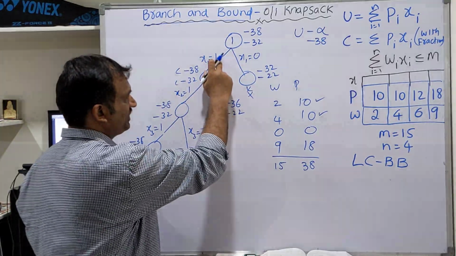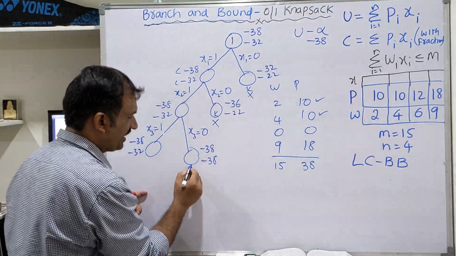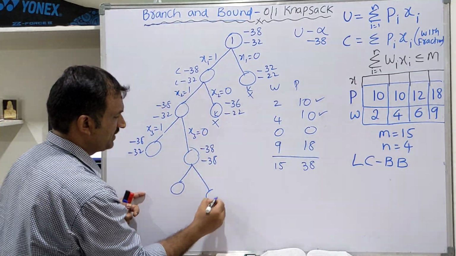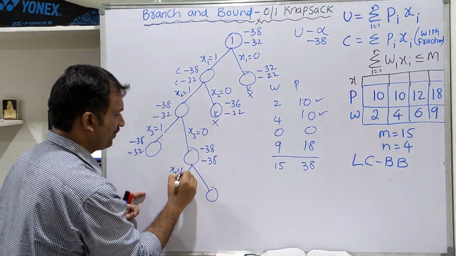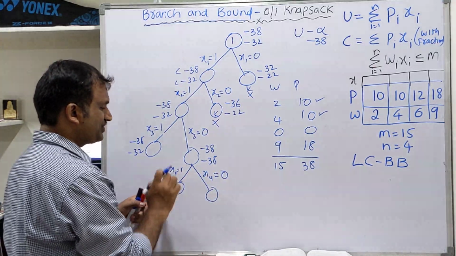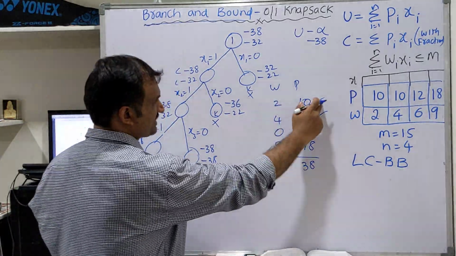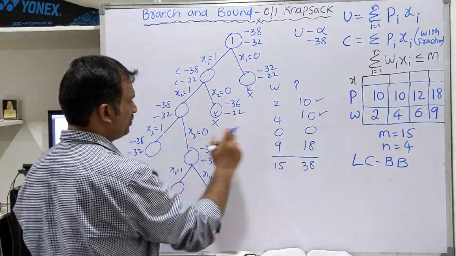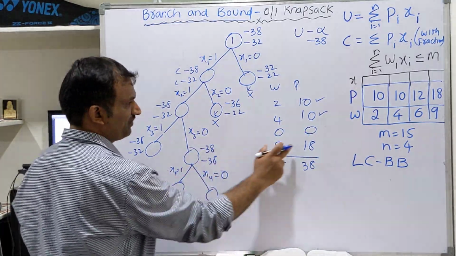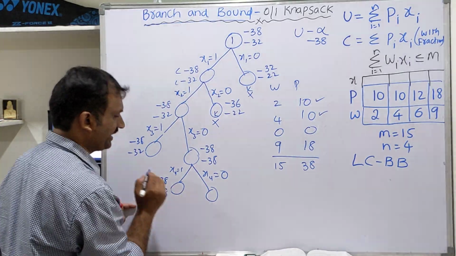That is, consider x1, consider x2, don't consider x3. Now we have two solutions: x4 is equal to 1 and x4 is equal to 0. Now consider x4 is equal to 1. Consider the first item, consider the second item, don't consider the third item, consider the fourth item. That is minus 38 and minus 38.